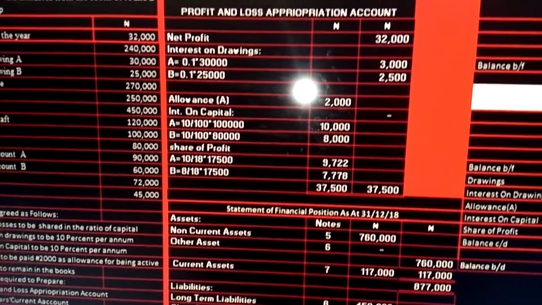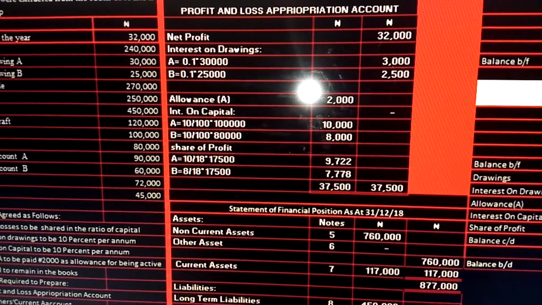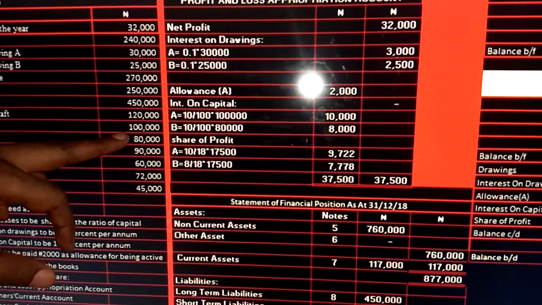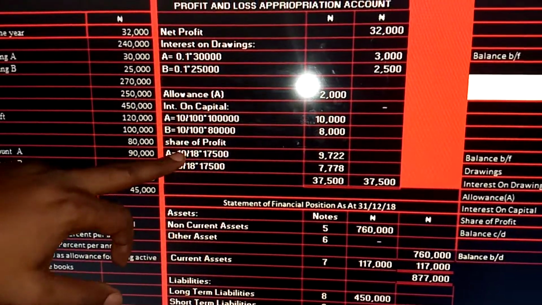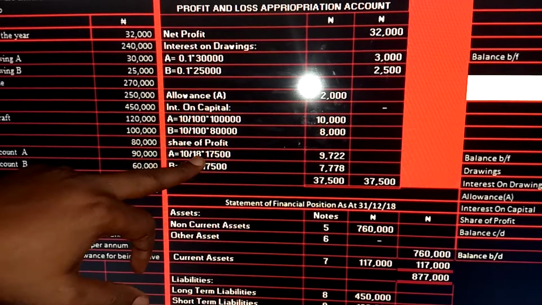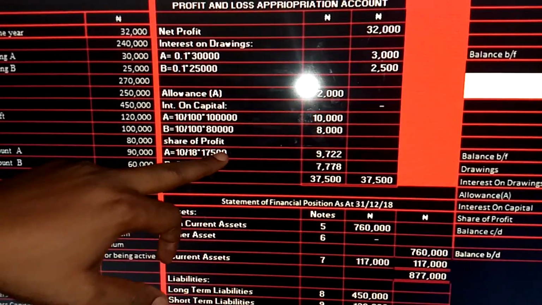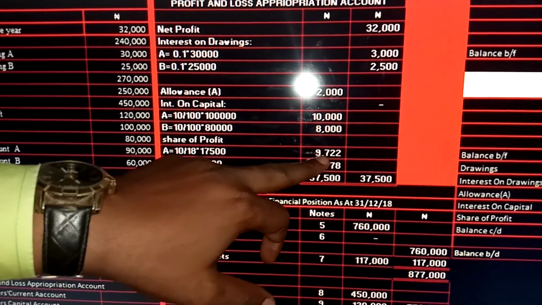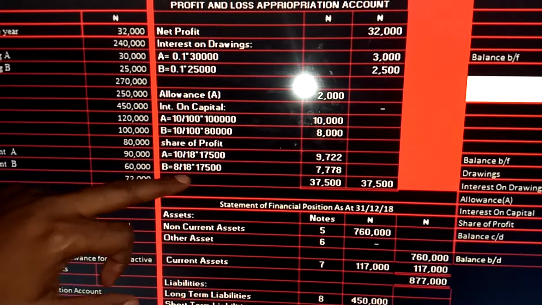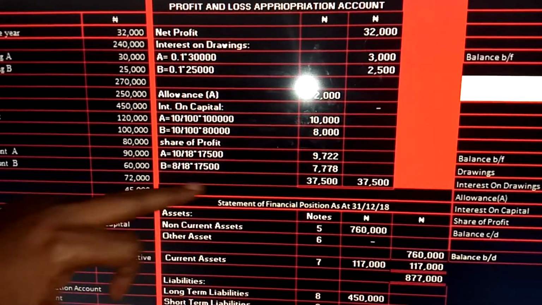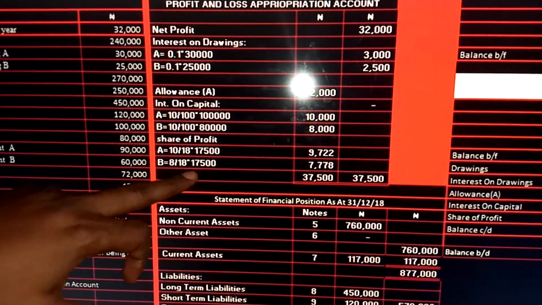You could say 100,000 divided by 180,000, but that might take your time, so let's just say 10 and 8, which gives 18. So for A it is 10 divided by 18, which is 100,000 divided by 180,000 times 17,500. That gives us 9,722. B will be 8 divided by 18 times 17,500, or 80,000 divided by 180,000 times 17,500.